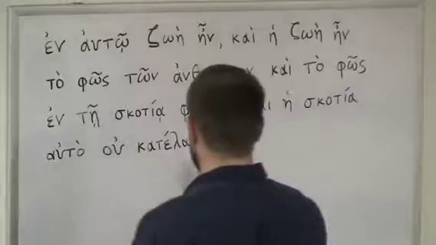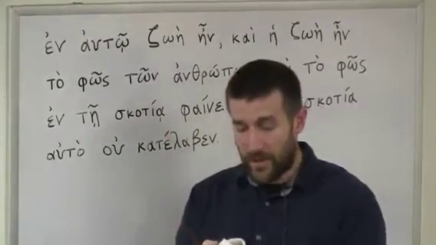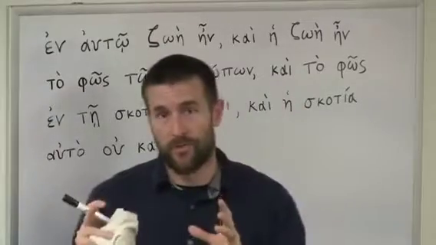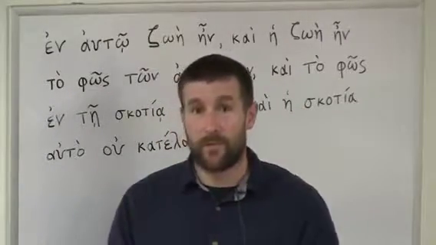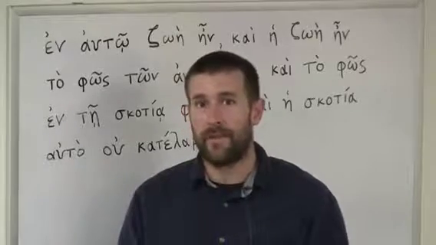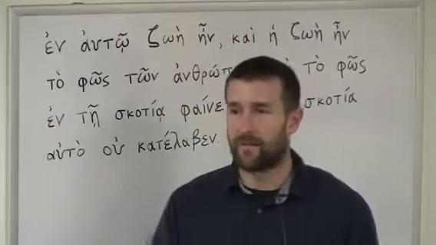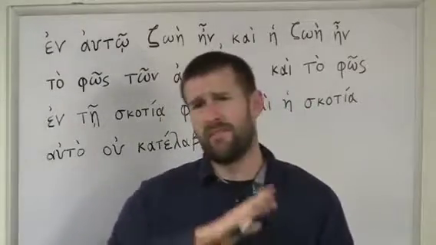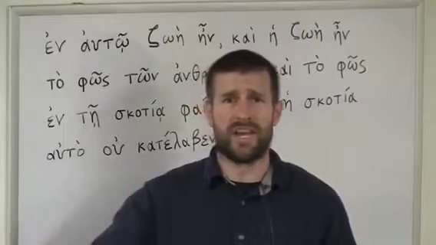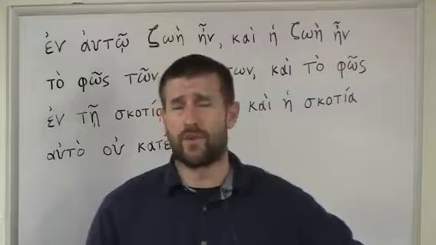But I want to mention also that this word katelaven also provides a great example of the crossover between learning modern Greek, using, for example, the Pimsleur audio program, and learning Koine Greek. A lot of people have this idea, and I talked about this earlier in the series, but they think that modern Greek is just a completely different language from biblical Koine Greek, and Koine biblical Greek is just a completely dead language, and so forth.